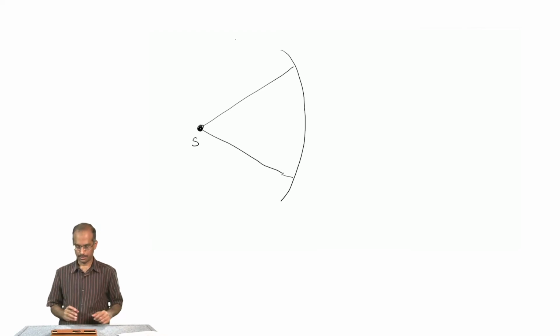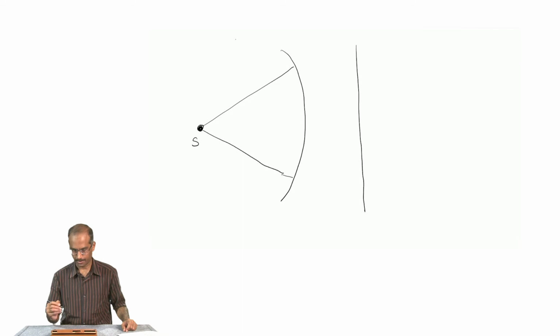Let us say that I have a source of light S, and from here I have diverging beams which go out as spherical waves, and after it travels over sufficient distances, it becomes a plane wave.